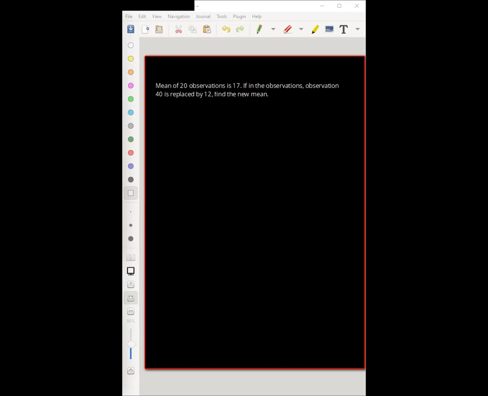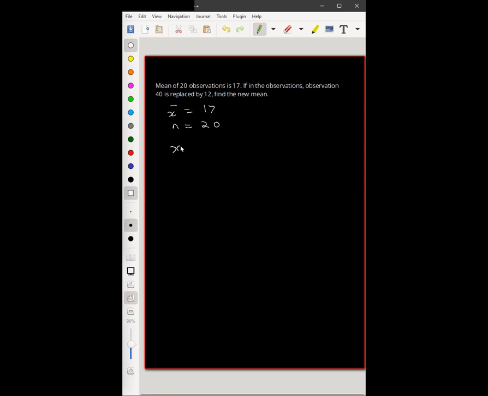Ananya, let's solve this. Yes, sir. So x bar is given to us as 17, right? And n is equal to 20 here, right? Now we know x bar is nothing but sigma xi, i is equal to 1 to 20 in this case, upon n, right?